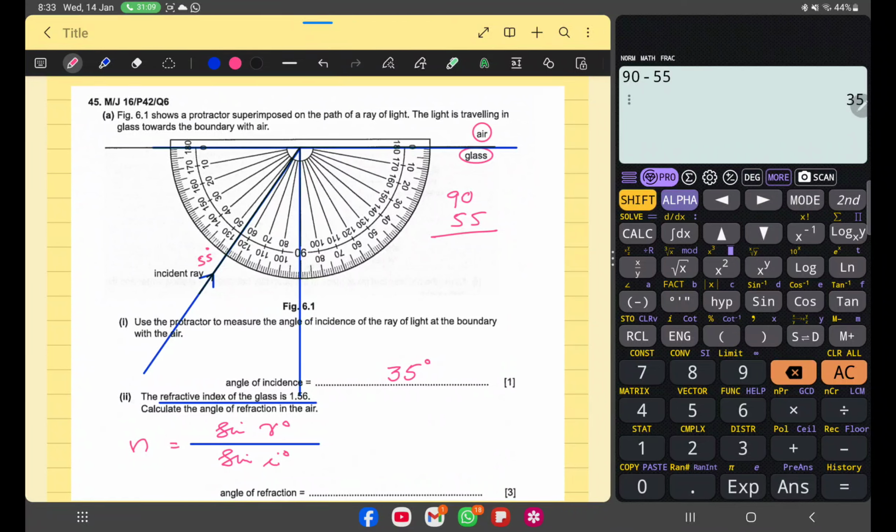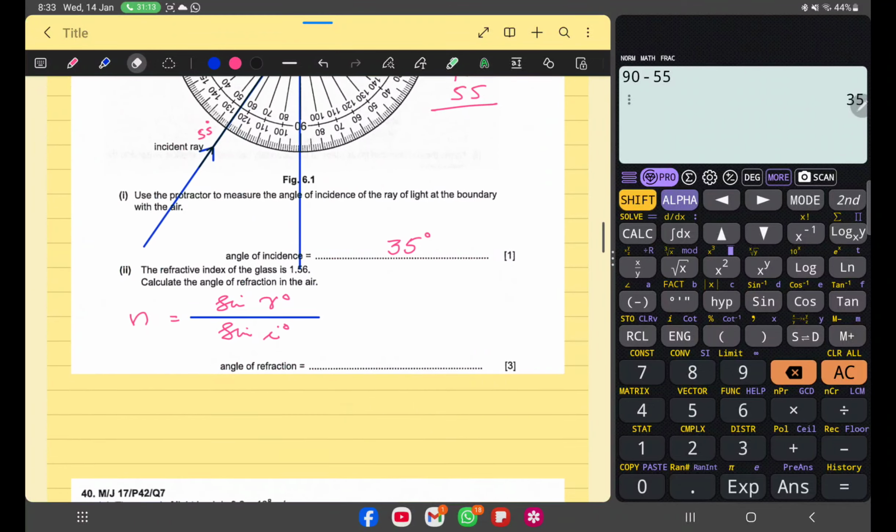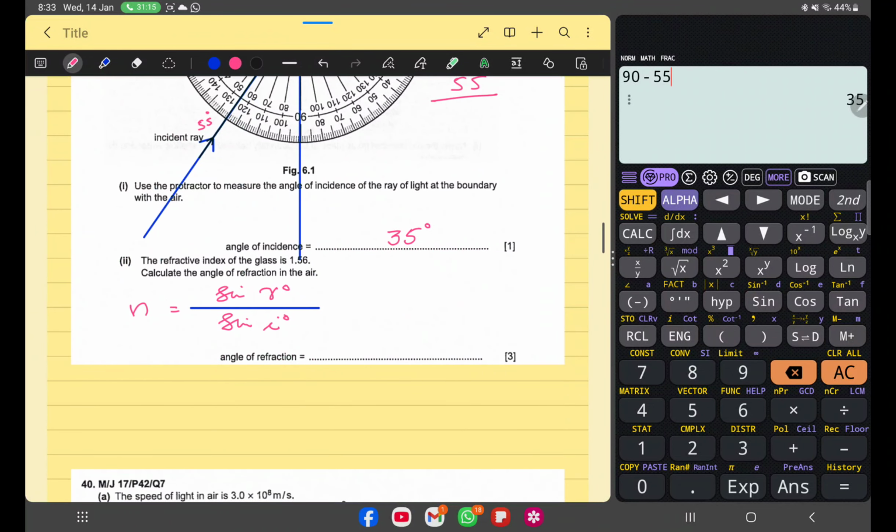Now they are asking to solve: the refractive index is 1.56, angle R you have to calculate, and angle I you have read, it is 35 degrees.